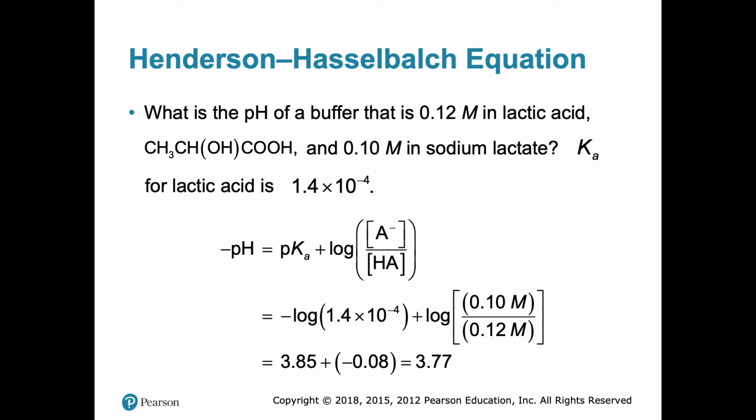And then all you have to do now is go 3.85 plus, this part here is the 3.85 part, right? And then we have minus 0.08, which is the log of this part right here, and then you get a pH of 3.77. No ice table needed, right? No ice table needed, okay?